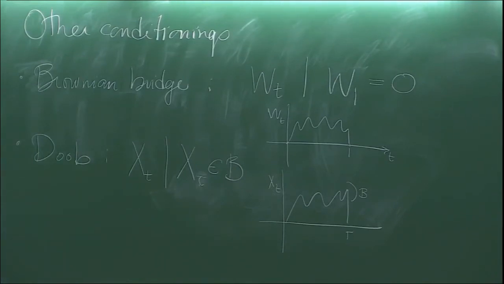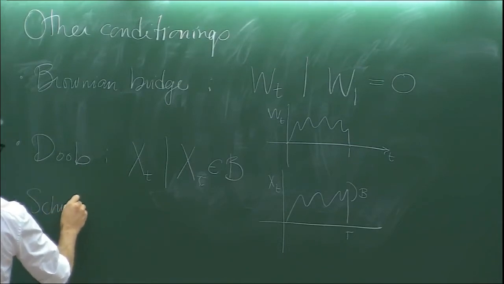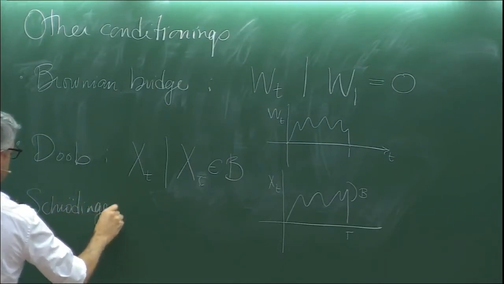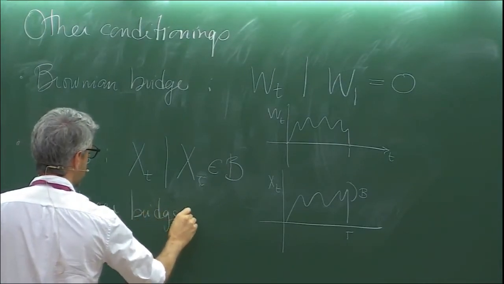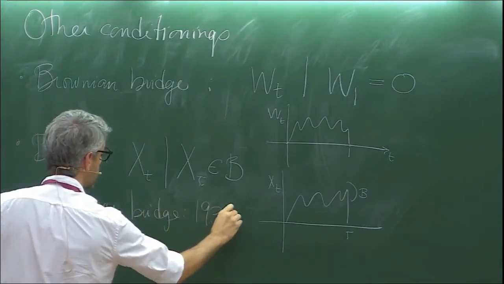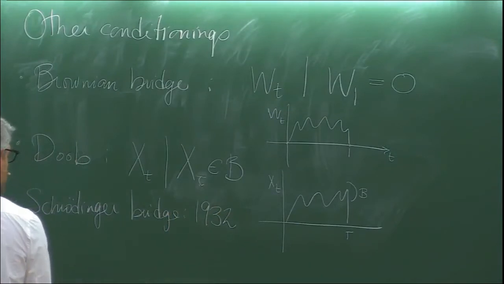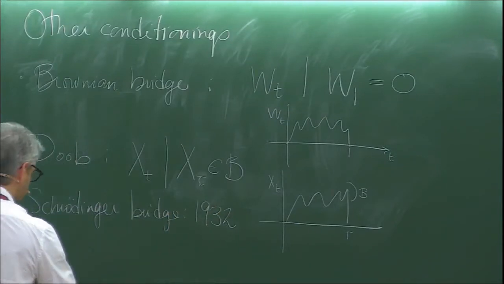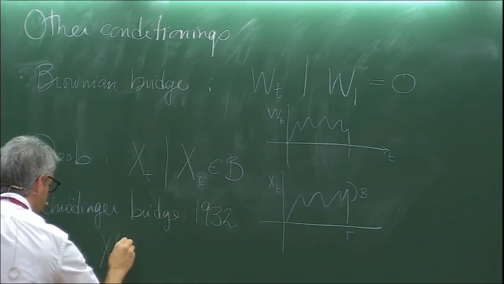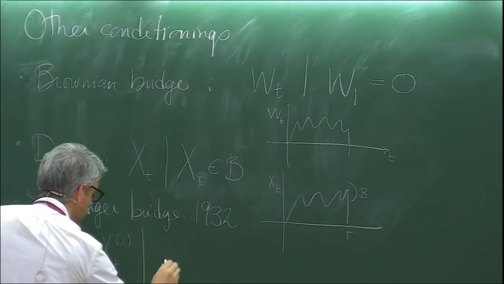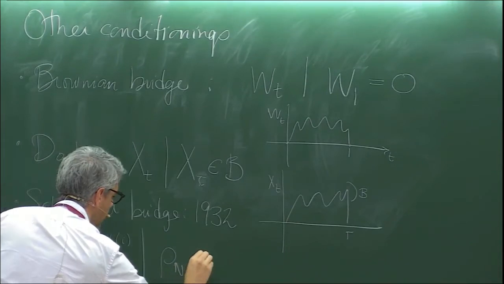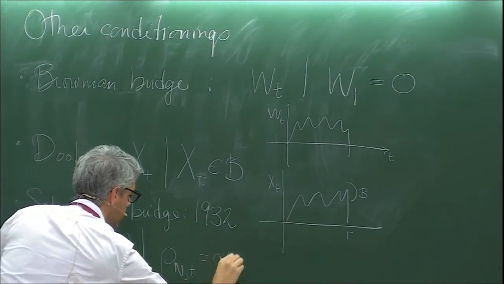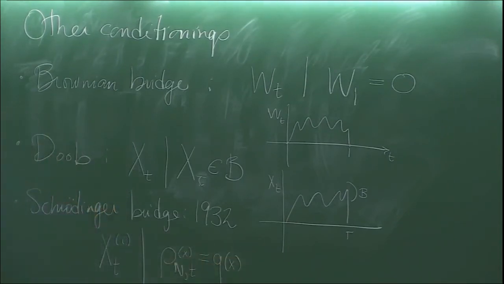There's another type of conditioning which is the Schrödinger bridge, which has a very interesting history in terms of its connection with quantum mechanics. This dates back to 1932 from work of Schrödinger, where you take n diffusions and then you condition the empirical density of the n diffusions to be some function at some time t.